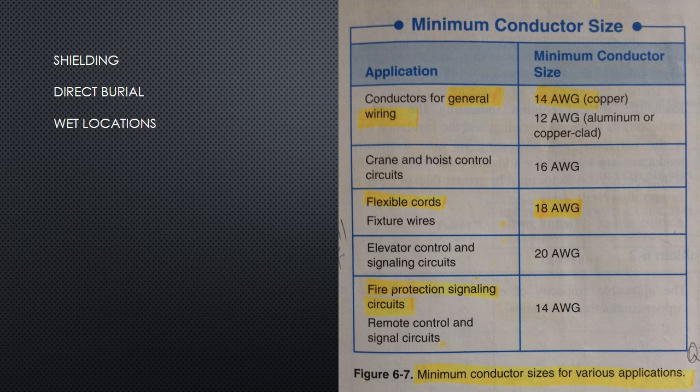Shielding. The code states that conductors operated above 2000 volts in permanent installations must have ozone resistant insulation and be shielded. Further, those with metal shields must be grounded. Direct burial.